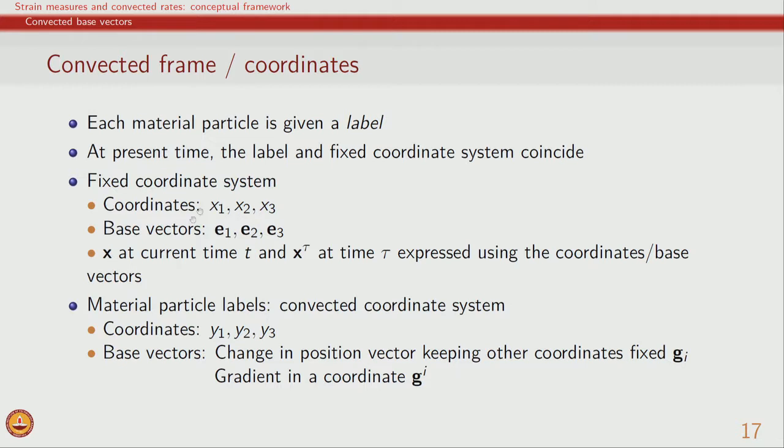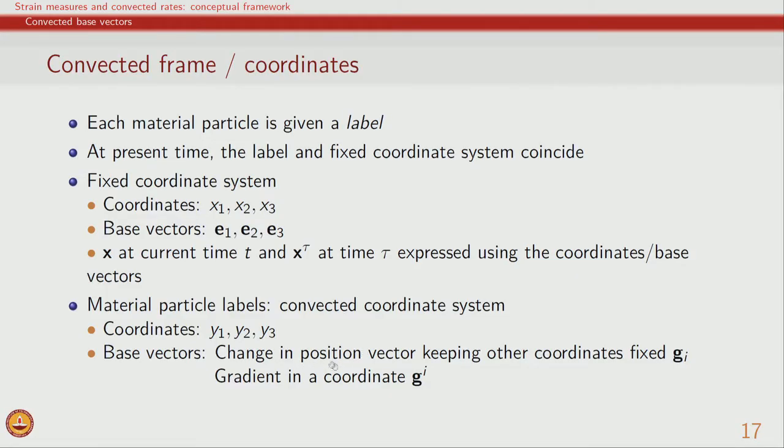The position of the material particle is described as x at present time and x tau at any other time tau, which could be in the past or in the future. And the label of the material particle which coincides with this x will be indicated as y1, y2, y3. So, in 3 dimensional space we need 3 coordinates to describe the position, and of course we also need 3 base vectors, which can be defined based on 2 alternate definitions.